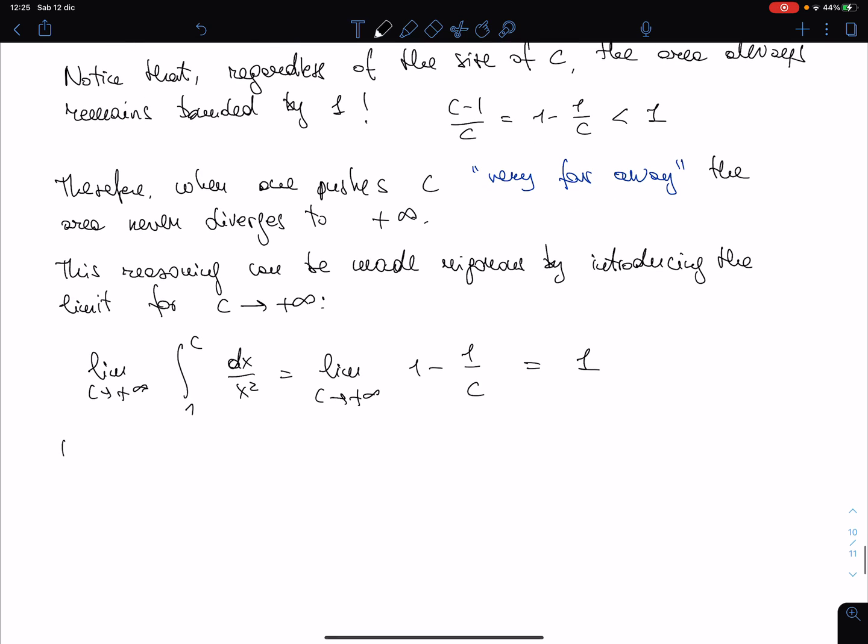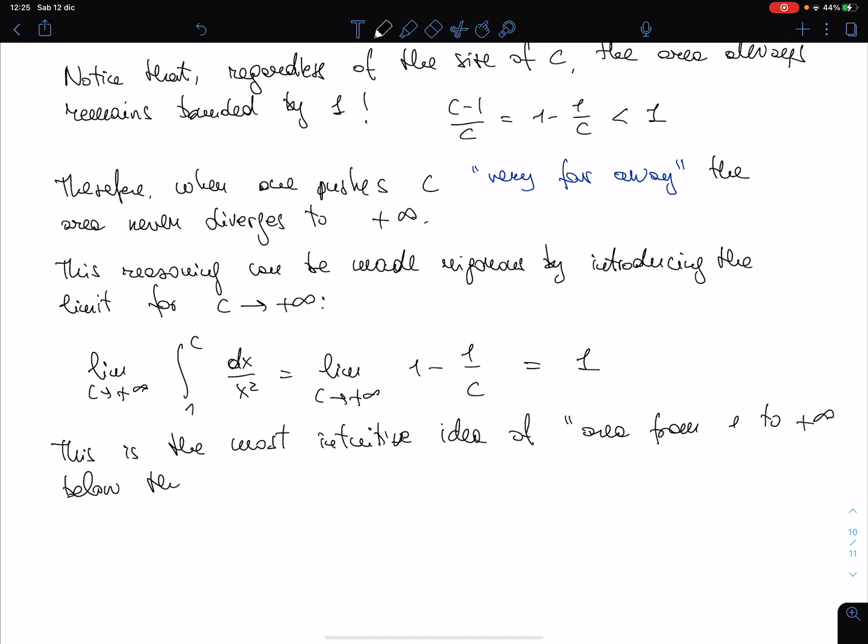So this is the most intuitive idea of the area from 1 to plus infinity below the graph of 1 over x squared. And it is not unbounded. It is 1.